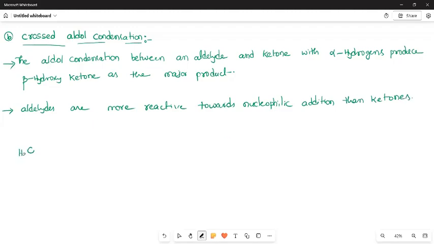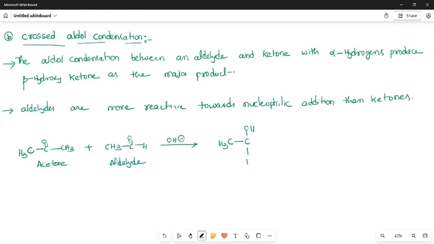So therefore, CH3 C double bond O CH3, namely acetone, plus CH3 C double bond OH, namely the aldehyde, in presence of the base, we will get CH3 CHOH CH2 C double bond O CH3.